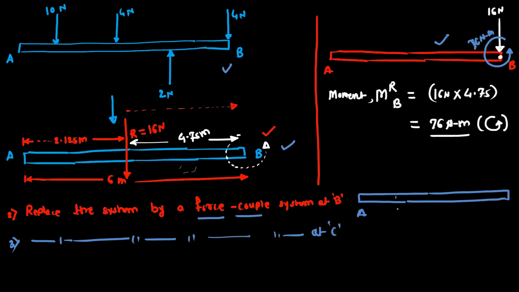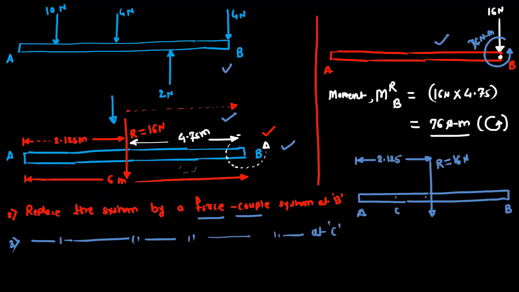So here we have the point C. Just refer to the resultant system. Okay, so in the resultant system, this is 16 Newton, and we know this distance, which is 2.125.